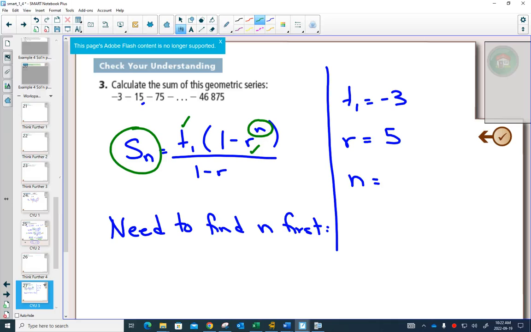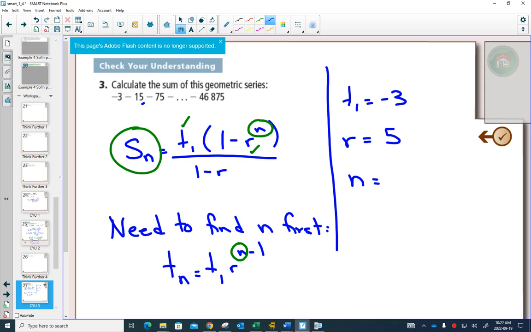Do we have any other formulas for geometric sequences? Yes. I have this formula for geometric sequences. Do I know term 1? Yes. Do I know r? Yes. I'm solving for n, so then I need to know term n.